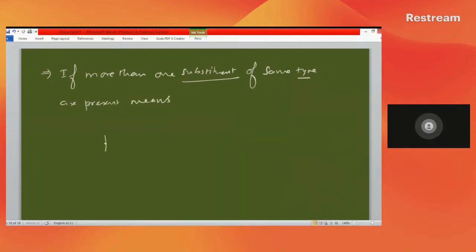You consider a cyclohexane in which there are 2 substitutions like this. So I can give the numbers like this: 1, 2. 1,2-dimethylcyclohexane. That's the IUPAC name for the given aliphatic structure.